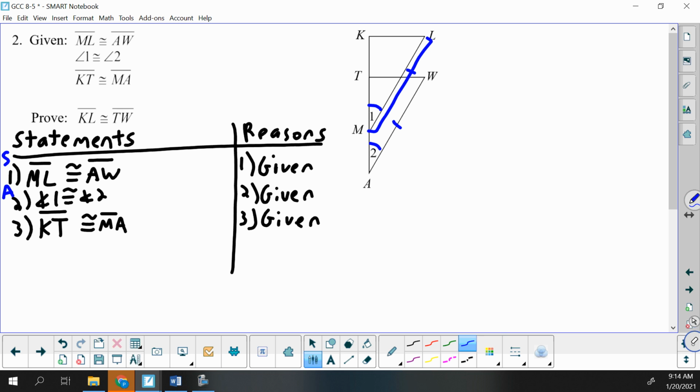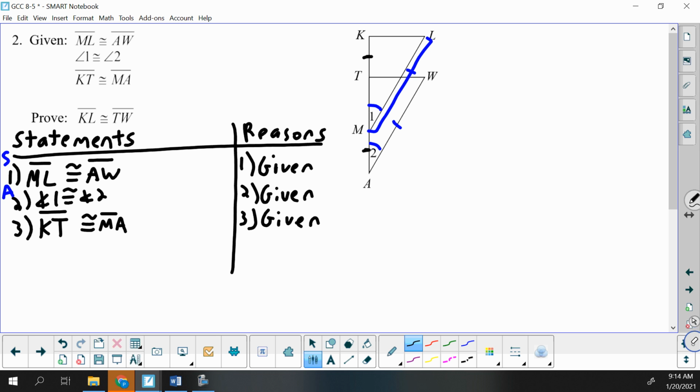Well, here's MA, here's KT. Those aren't sides in the triangle. So we can't mark that with an S. So what we need to do, our sides are too short, or they're short of a side.